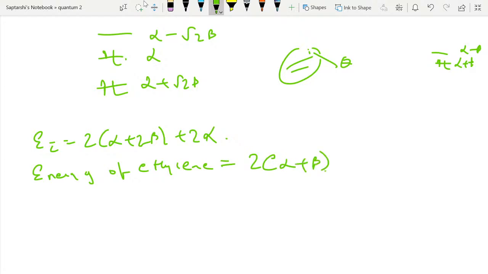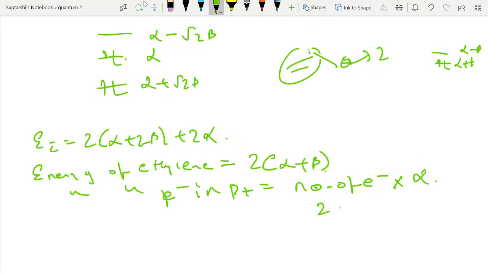Done. And these two having said, you have to say the energy of electron in pz. In pz, how many electrons are there? There are 2 electrons, right? And for this energy of electron, the formula is the number of electrons into alpha.